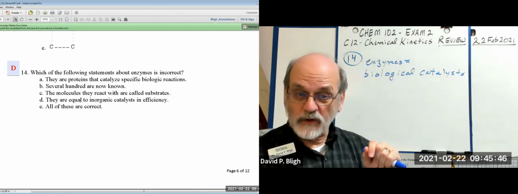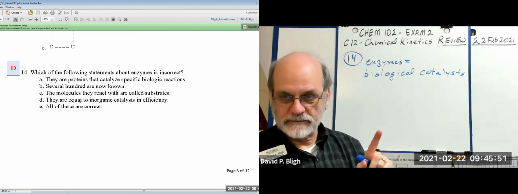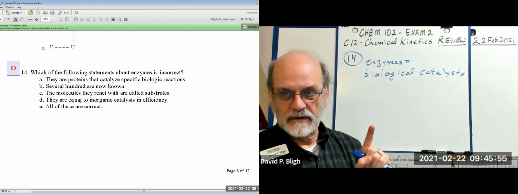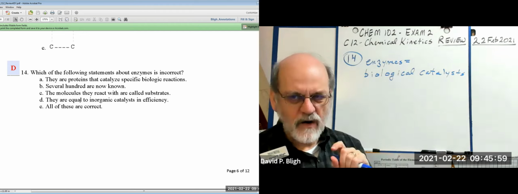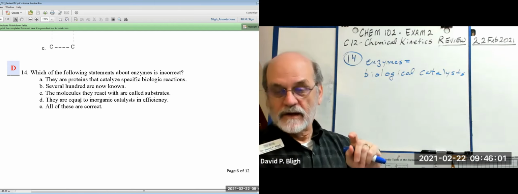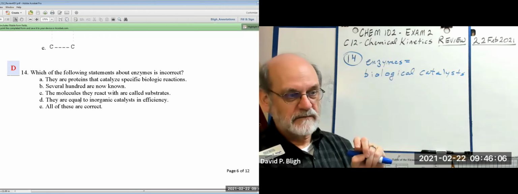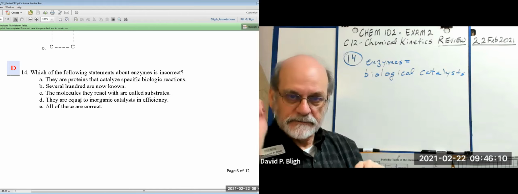D, they are equal to inorganic catalysts in efficiency. That is false. In fact, they are far superior to inorganic catalysts in efficiency. They have very, very high efficiency. When an enzyme is active, it is in the upper 80s and 90% efficient.